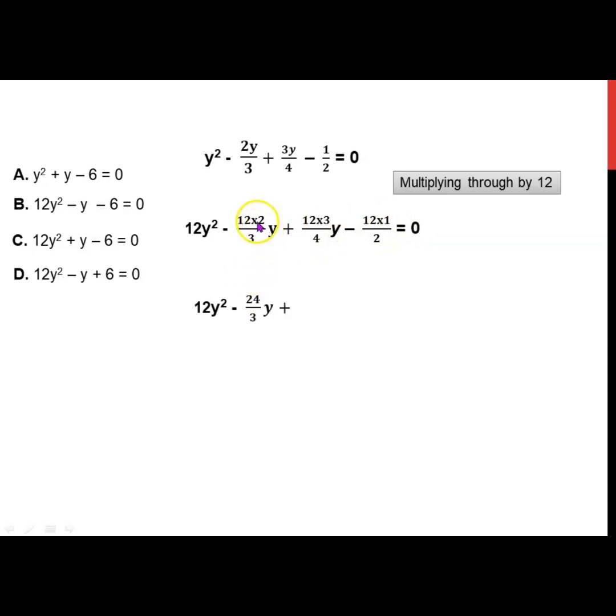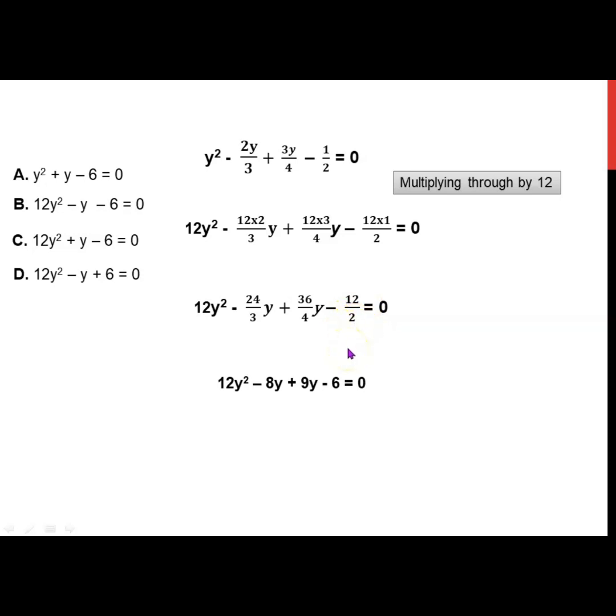Now we multiply this: that is 24/3 y, and 12 times 3 is 36, and 12 times 1 is 12. Now 24 divided by 3 is 8, and 36 divided by 4 is 9y, and 12 divided by 2 is 6.